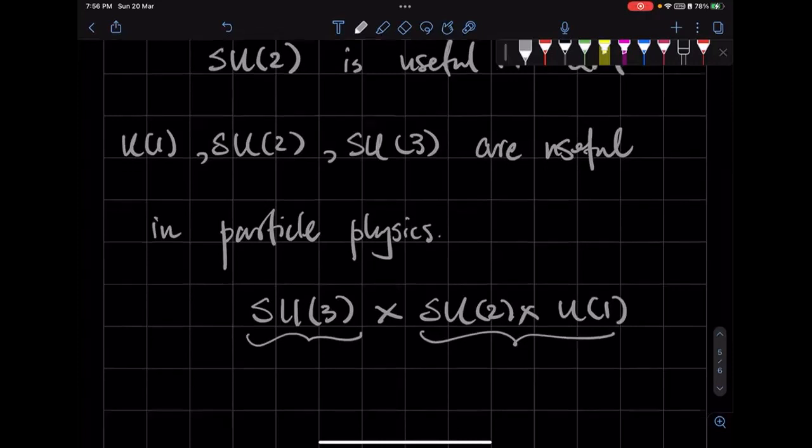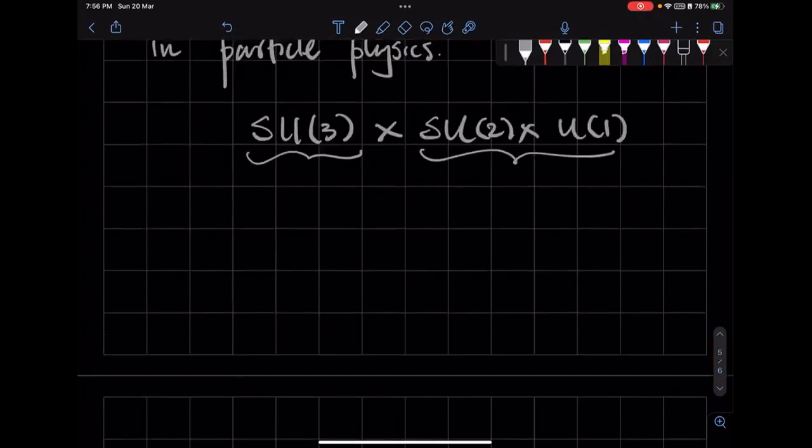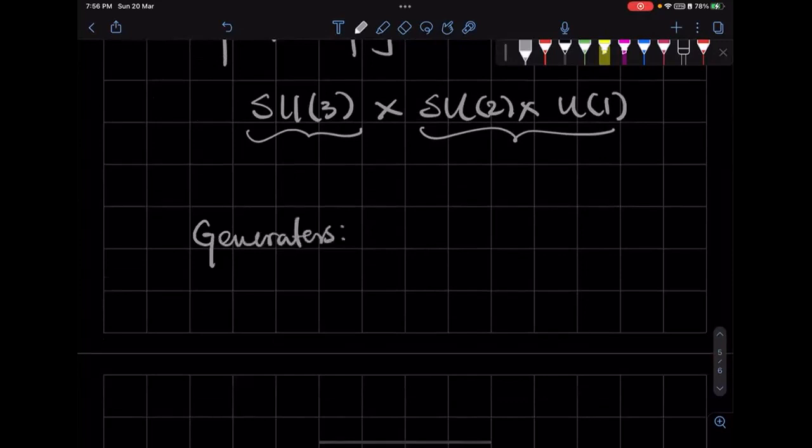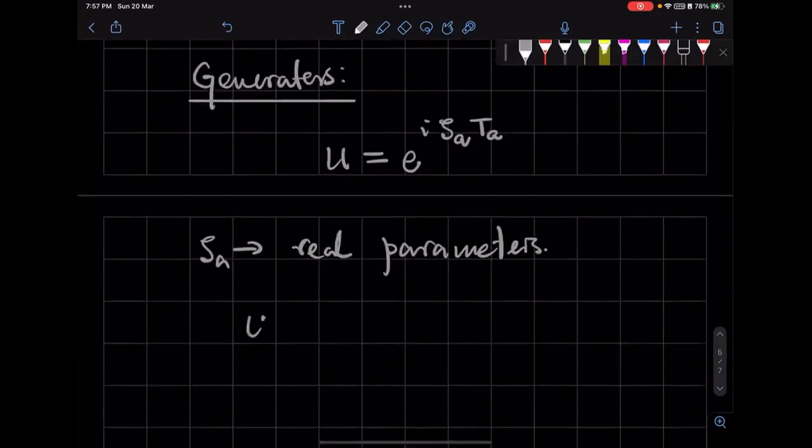Okay, let's look at the generators of SUN. If you write an element of SUN as the exponential of i zeta A T A, where zeta is a set of real parameters, then U dagger is going to be E to the minus i zeta A T A dagger.